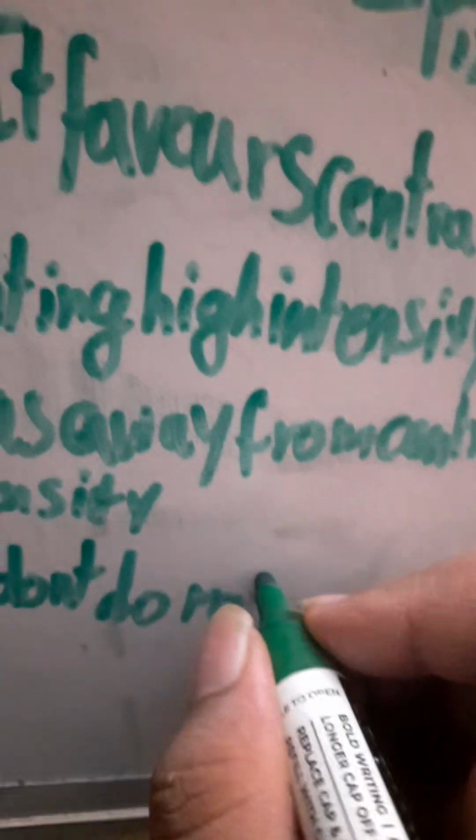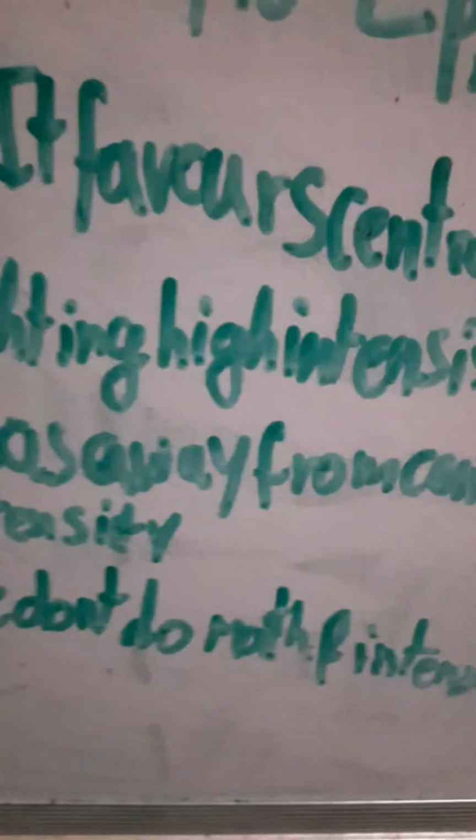Smoother lines. So what happens in pixel phasing is we don't do math and intensity adjustment. We don't care about the intensity of pixels.